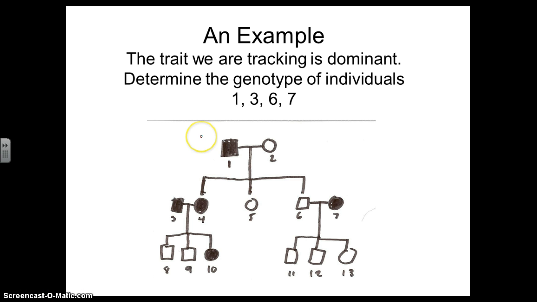Alright, so here's a pedigree. You can see that I drew it, my lovely handwriting. The example says that the trait that we are tracking is dominant. That means all the filled in squares, so this guy, this guy, this girl, obviously, are dominant. So all the ones that are not shaded are recessive.